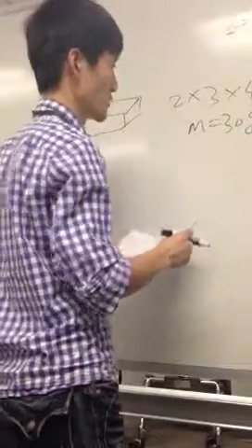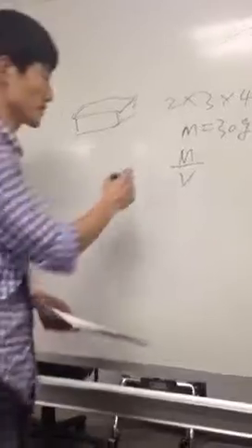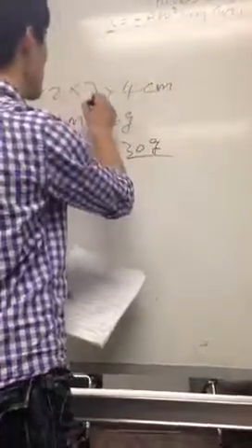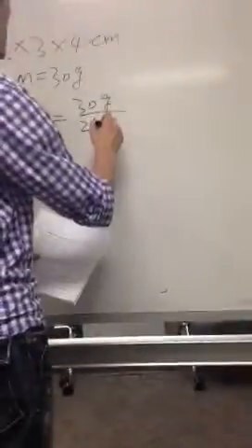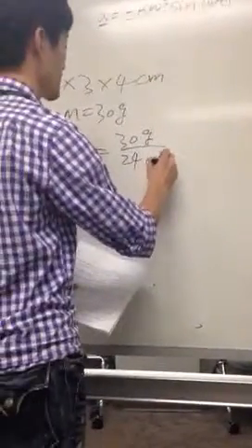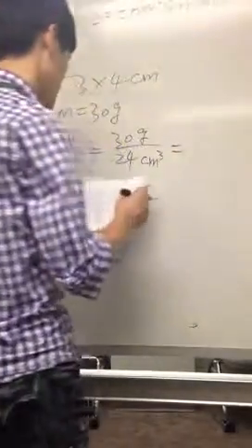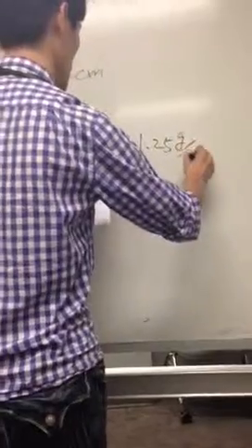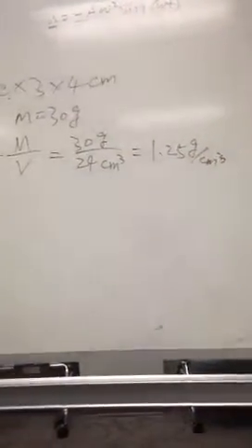The density would be the mass over the volume, right? The mass is 30 grams, the volume is 3 times 2 times 4, 24 cubic centimeter, right? And then if you calculate, you get 1.25 grams per cubic centimeter. So that's the first question.